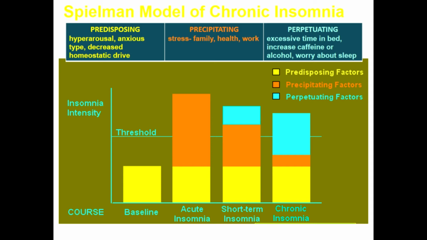Perhaps you get a divorce, or there's a death in the family, some very stressful emotional event that offsets the insomnia. Then the person develops certain coping strategies to deal with the daytime repercussions of that insomnia. So you're very tired during the day, so maybe you start taking naps, you start drinking a lot of coffee. You start also developing a lot of cognitions about your sleep or worry about your sleep.